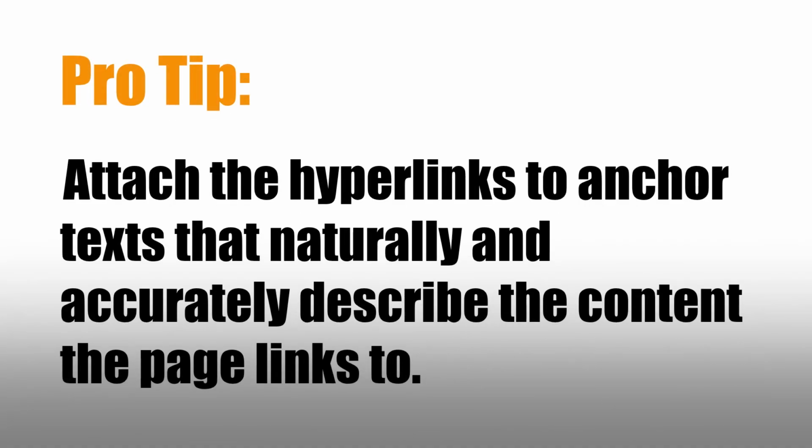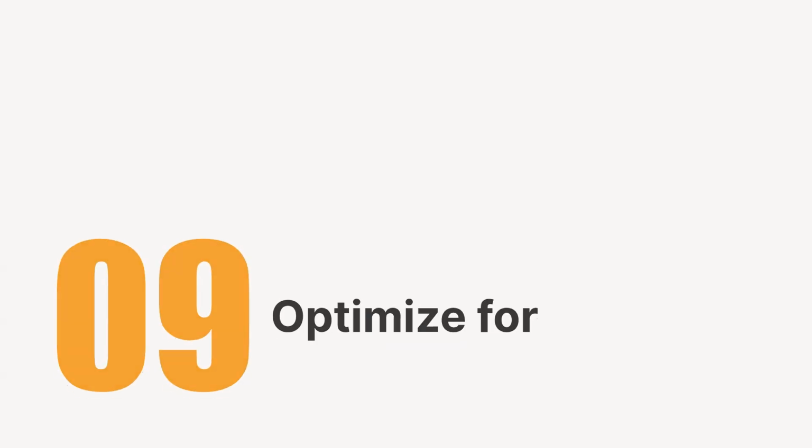It also passes PageRank or link juice around your website and demonstrates trustworthiness. Links also help search engines crawl your website, discover new pages, and understand the content. Here's a pro tip. Attach the hyperlinks to anchor text that naturally describe the content of the link to page, and this helps Google understand the content.